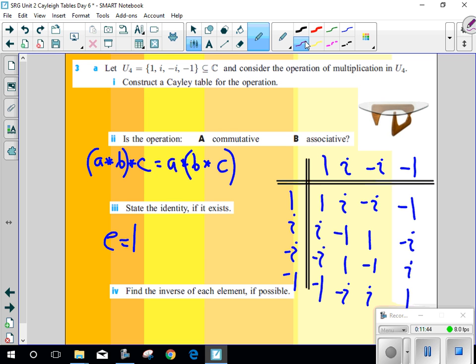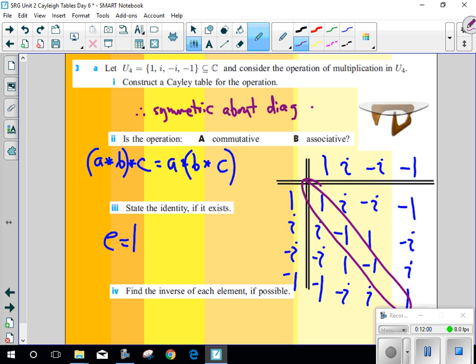Okay. So now the only other thing we have to do is show commutativity. Is this commutative? Yeah. Yes. So you could say commutative. It is symmetric about the diagonal, therefore commutative. All right. Associative.